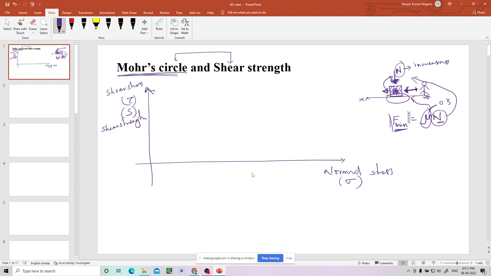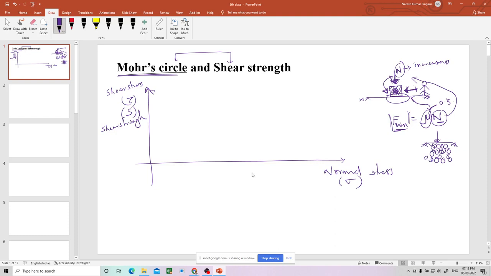In the same way, when soil is subjected to normal load, then you need more shearing stress to fail this soil.